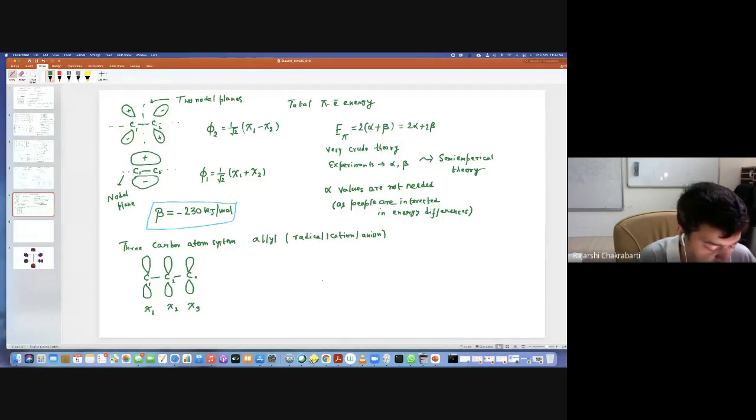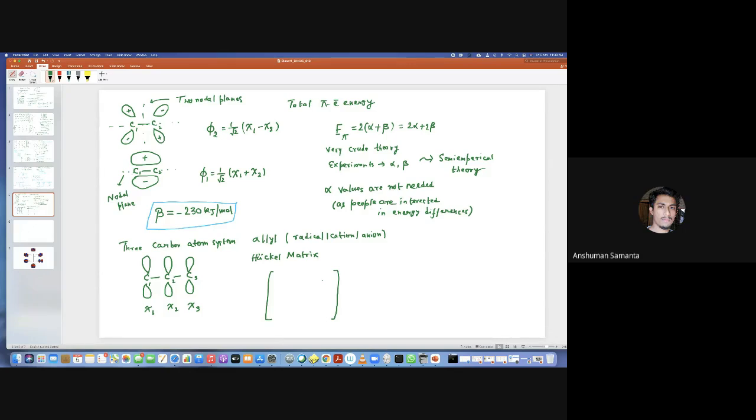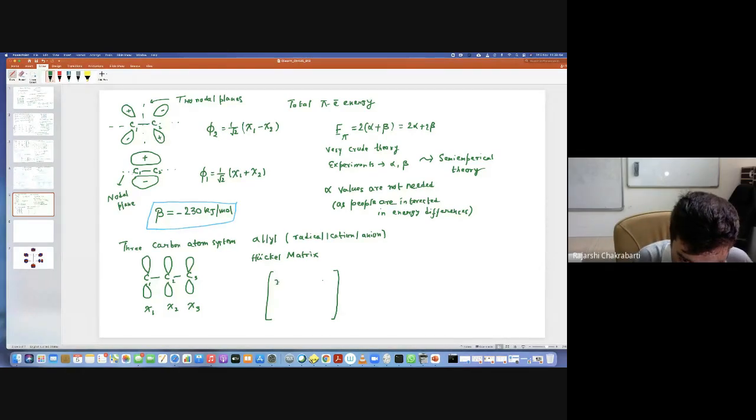Now tell me, the Huckel matrix, how is it going to look in this case? You know how to construct this Huckel matrix. Tell me, what are the diagonal elements? This will be 3 cross 3. Are you convinced, because you have 3 carbon atoms? Yes, sir. What about the other terms?